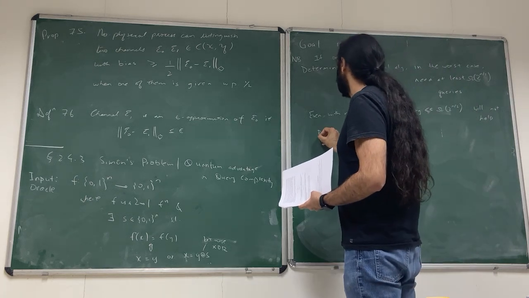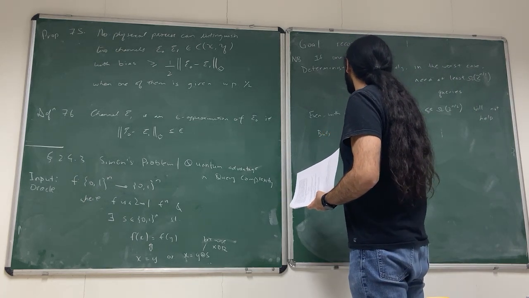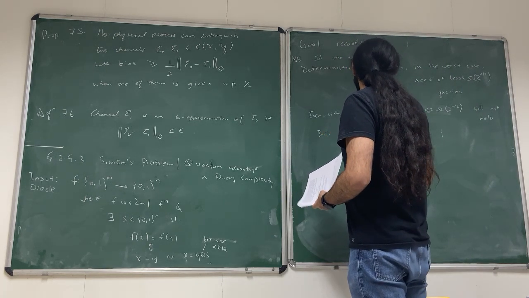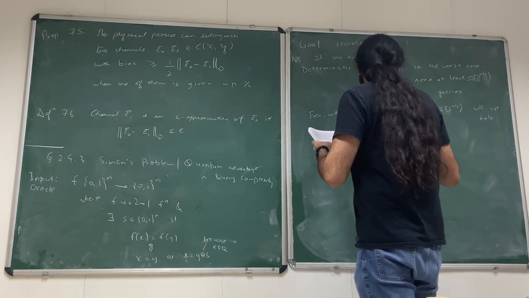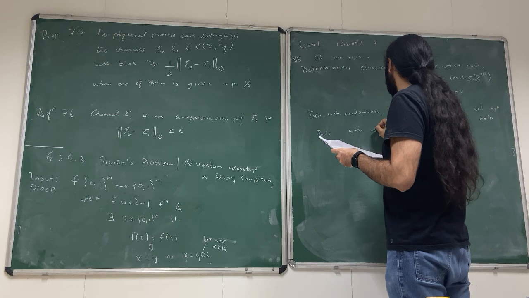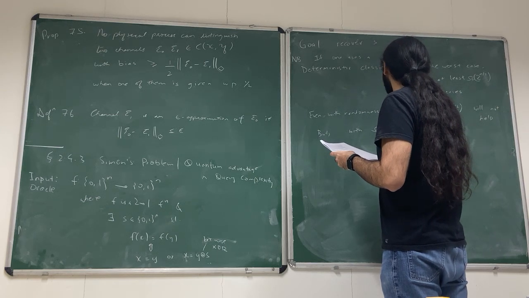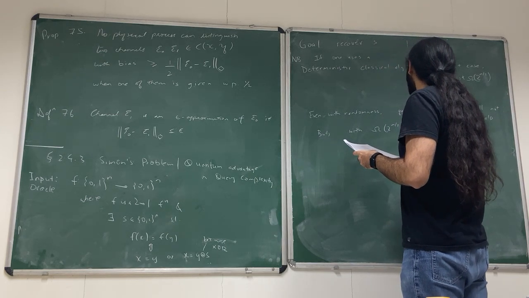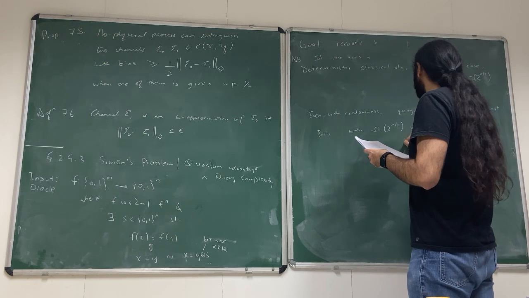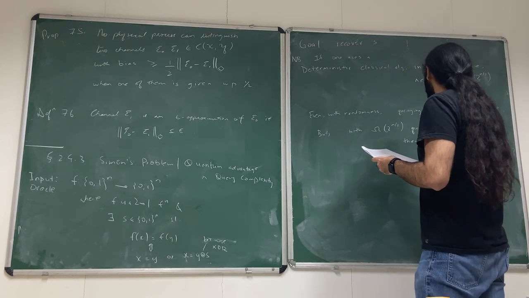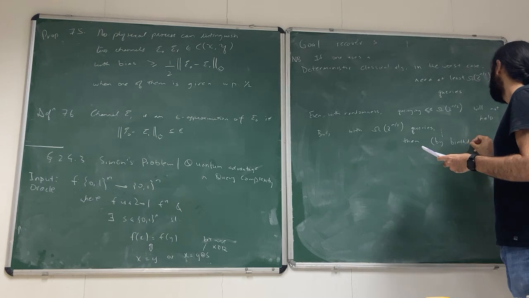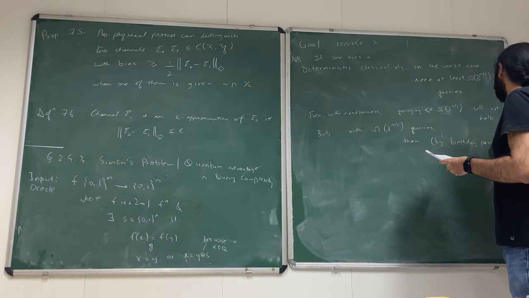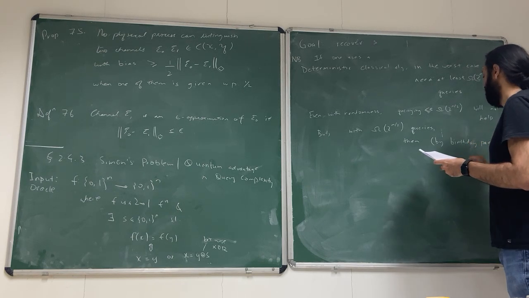But if you make 2^n/2 queries, then by the birthday paradox, you'll see a collision with high probability.